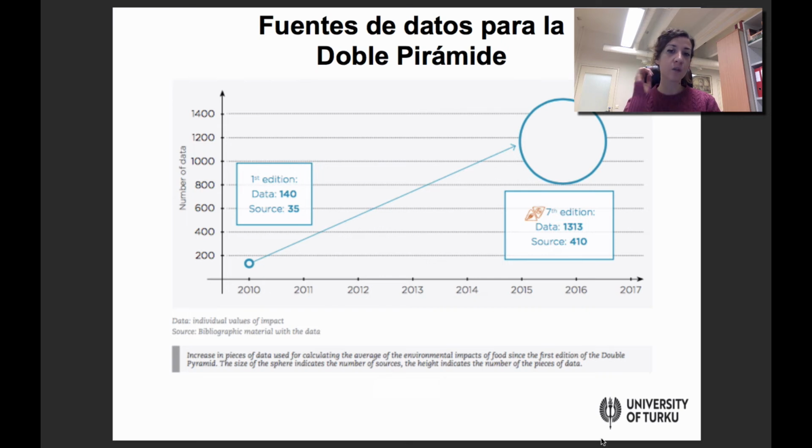And as I was saying before, when I showed you that picture of the history of the double pyramid, every time new data has been added and analyzed, there has also been an update of the double pyramid results.